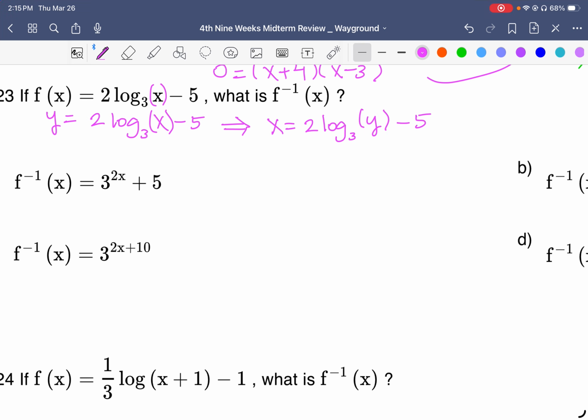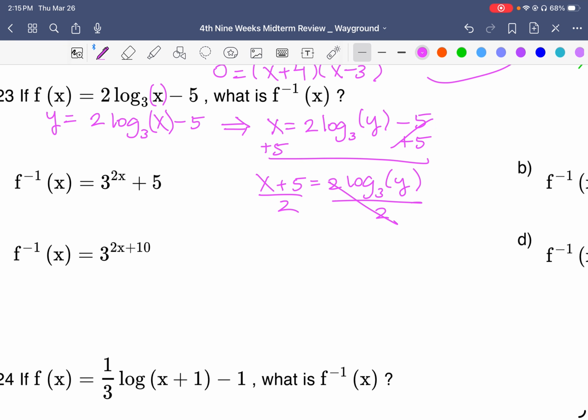Now the goal to find the inverse is to get y by itself by doing reverse PEMDAS. So I'm going to start by adding 5. We get x plus 5 equals 2 times log base 3 of y. I need to divide by 2. So we have x plus 5 divided by 2 equals log base 3 of y.